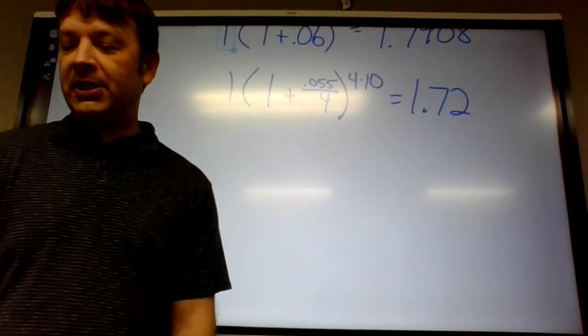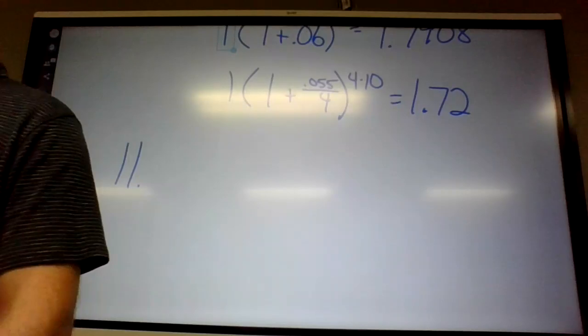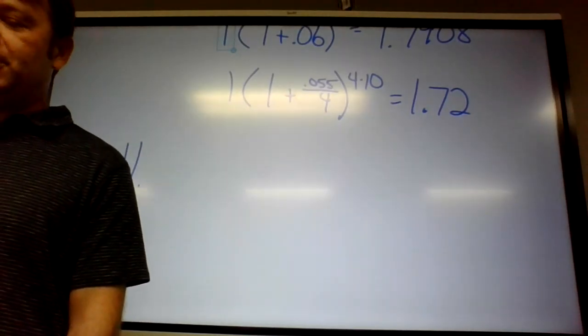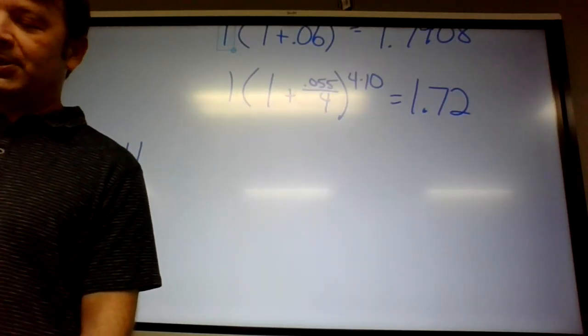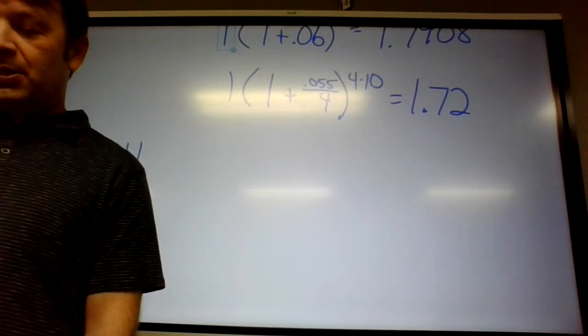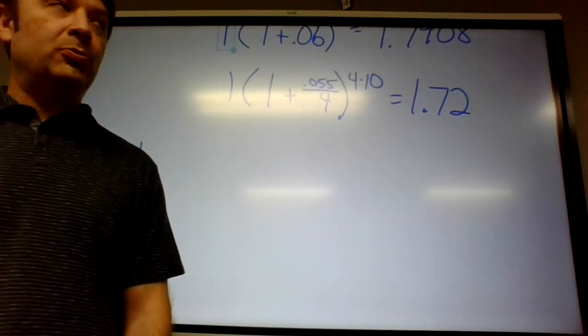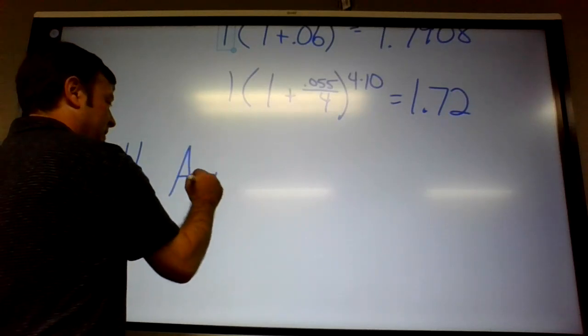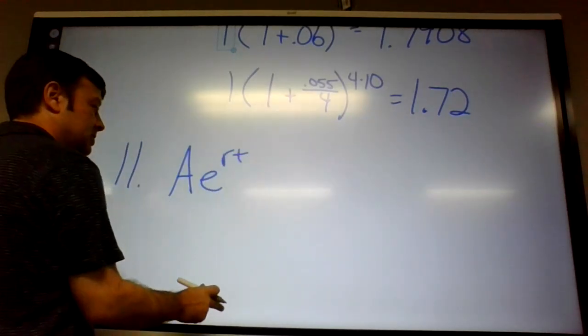Okay, number 11. Suppose that $1,000 is invested at 7% interest compounded continuously. How much money would be in the bank after 5 years? For some reason they saved the easy ones for last. So what was the compound interest formula? Continuous: A e to the r t.